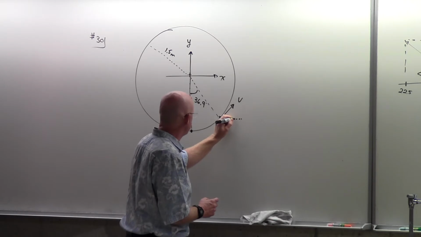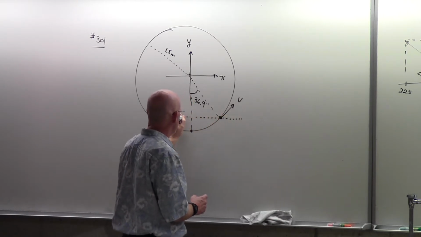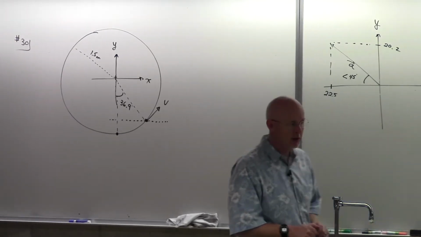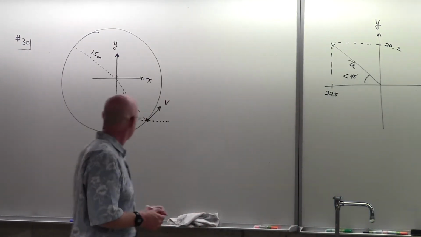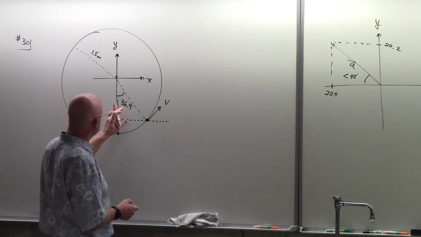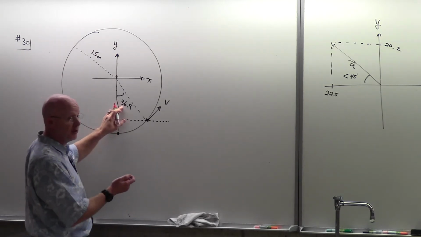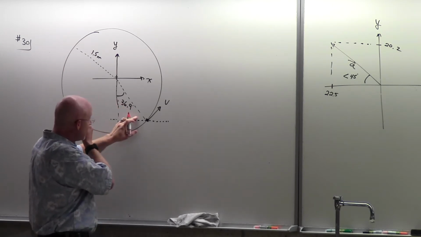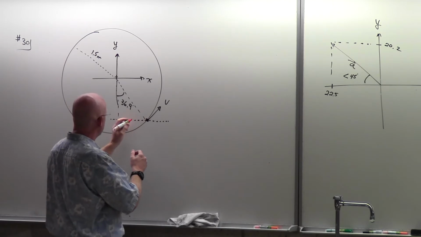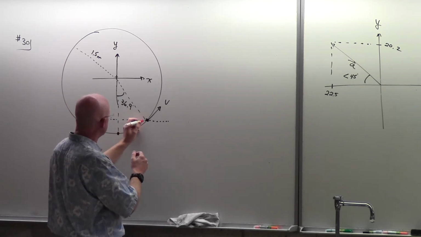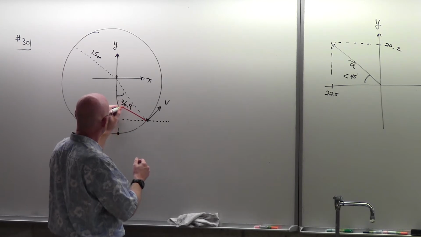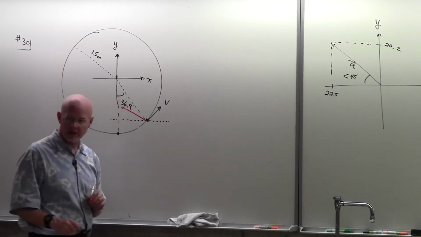So let me put a horizontal line, maybe even use the red here. If this is roughly 37, doesn't that make this a 53? And so the acceleration vector looks like that.